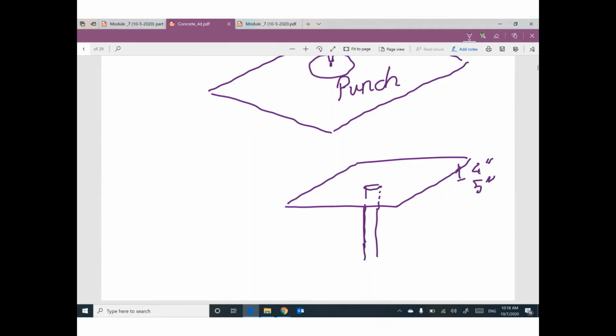If this column is small, for any reason, we will cover it next week, and this slab is not thick enough, what do you expect at this connection? We expect punching. That's right.